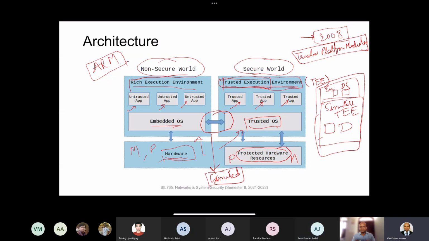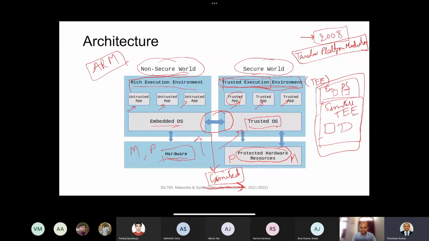Yes, so it will be something like from the non-secure world, you can send a message. I will talk about some applications, and there I will also talk about it, but let me also say very briefly about it here. From the non-secure world, you could probably call a function. Okay, so probably that would be the better way to say it.